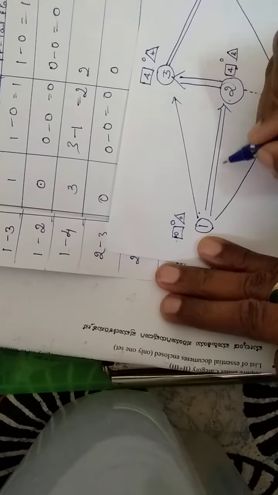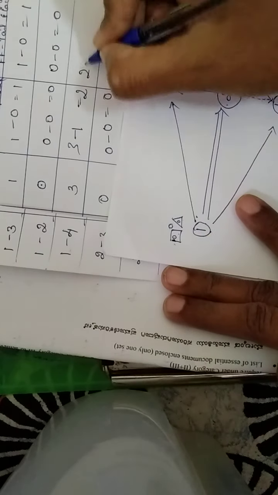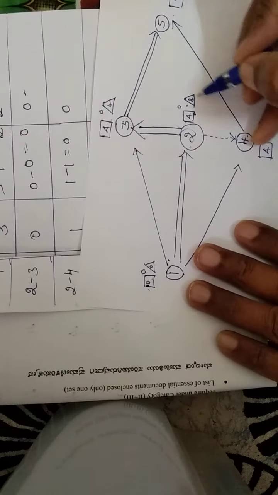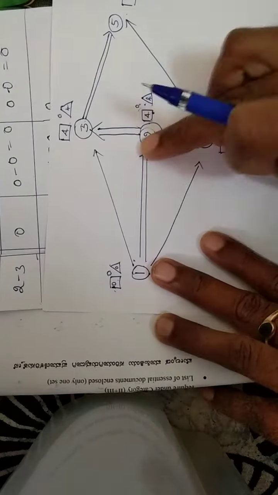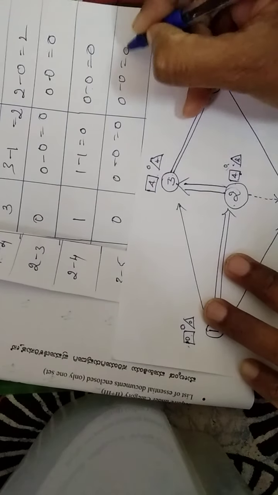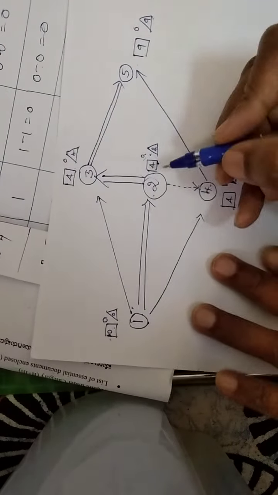Now 1 to 4 it is 0, so you get 2. Likewise from 2 to 3 the tail event slack is 0. 2 to 4 the same thing holds good, 0. Then from 3 to 5 the tail event slack is 0, so 0. Then from 4 to 5 it is 1.